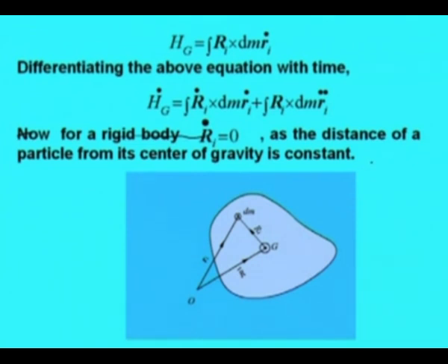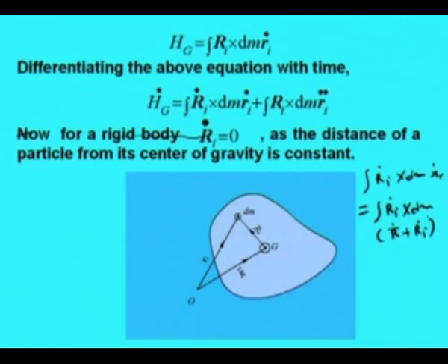Now this can be shown like this. The term Ri dot cross dm ri dot is equal to the integral of Ri dot cross dm, and ri dot we decompose as r bar dot plus Ri dot.